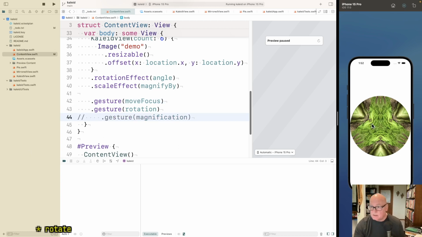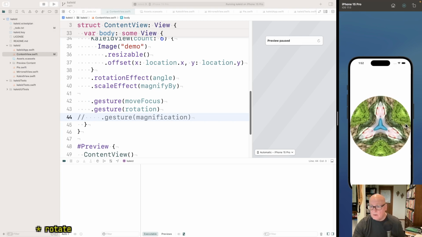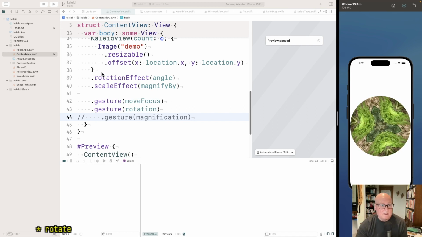Actually, I think it doesn't matter because that's the one that's not. Rotation. When I let go, it stays rotated. Whoops. I was worrying about move focus. It stays where I leave it. Okay.